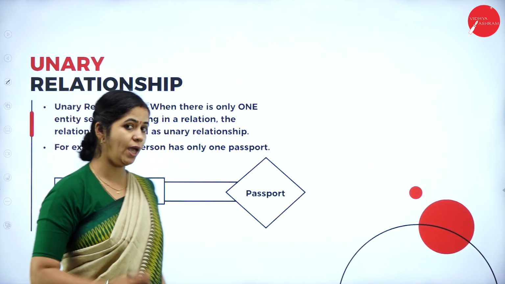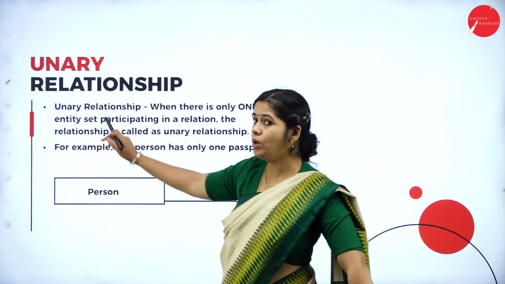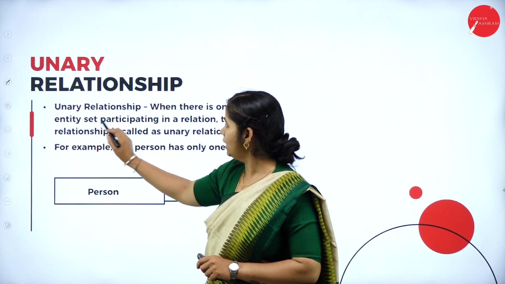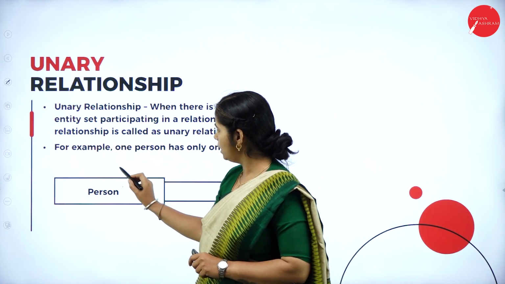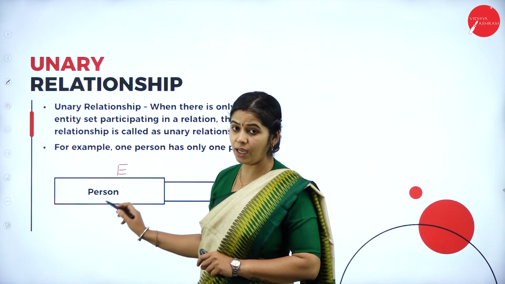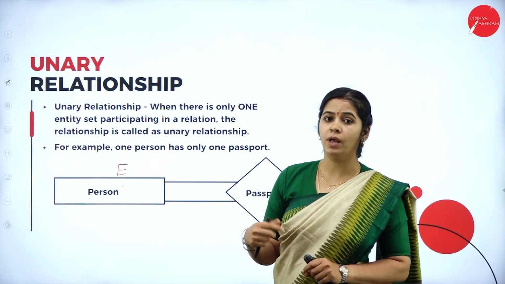Okay. Next, we have an example for the unary relationship. A unary relationship is when there is only one entity set participating in the relationship. What is the entity here? Person. Person is an entity type participating in a relation with the passport application.